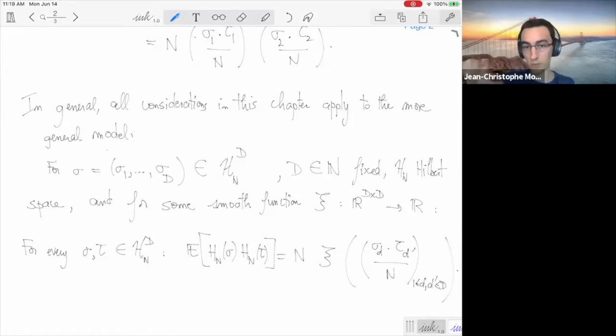Okay, so for SK and for the bipartite models, the Hilbert space is just R^n.